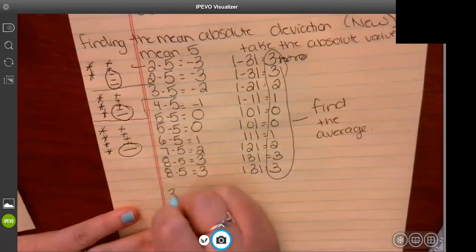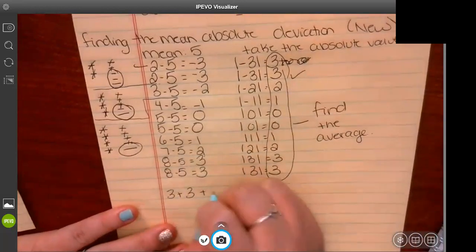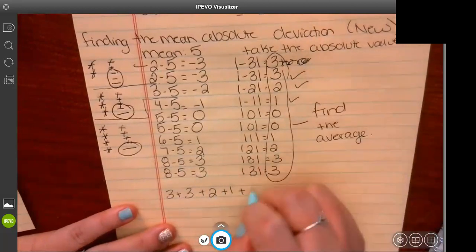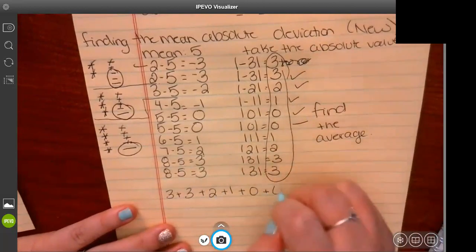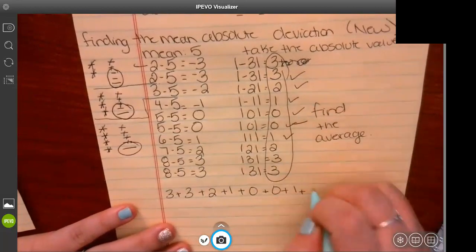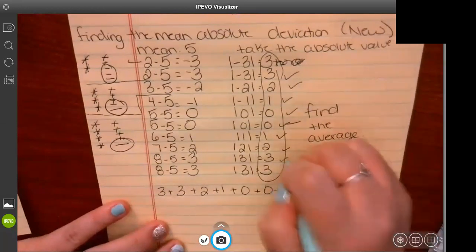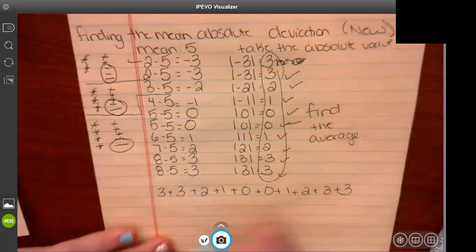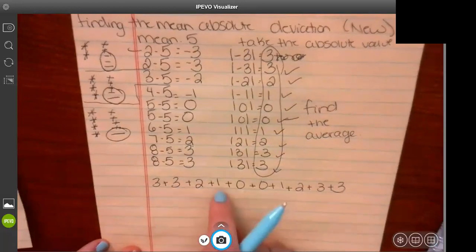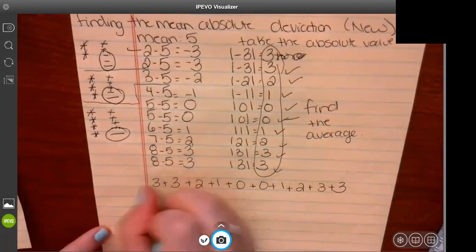So we're going to say 3 plus 3 plus 2 plus 1 plus 0 plus 0 plus 1 plus 2 plus 3 plus 3. And we said that we're going to divide by 10 because we're adding up 1, 2, 3, 4, 5, 6, 7, 8, 9, 10 numbers.